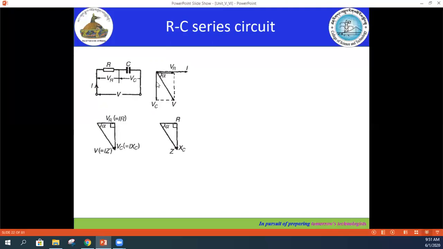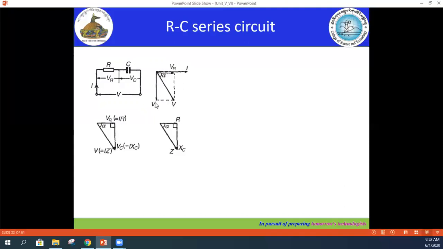If you plot the phasor diagram for the purely resistive load, we have VR here, and for the purely capacitive load, we have VC here. If you want to find the resultant voltage, it will be the vector sum of this VR and VC.